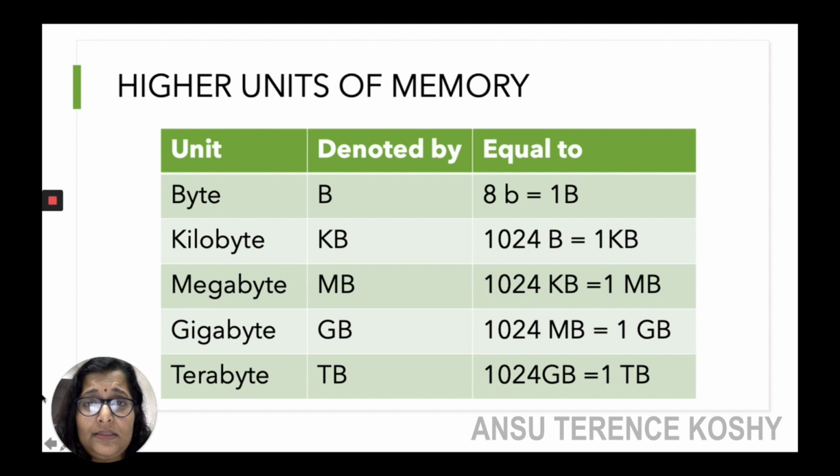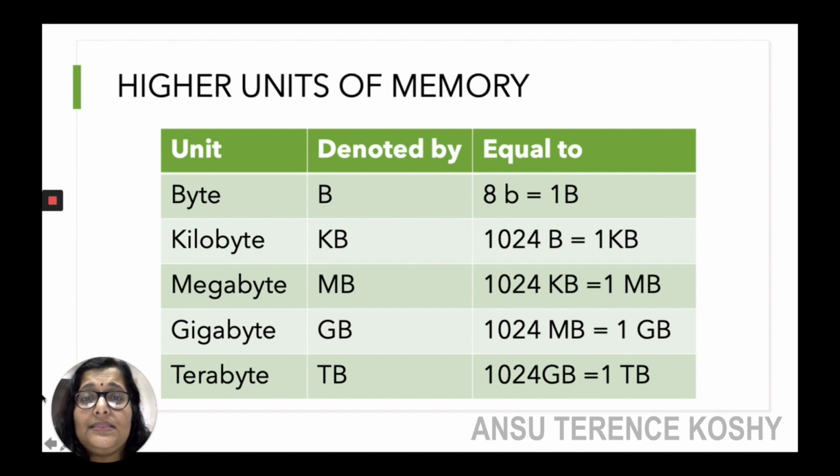The next one is kilobyte, which is denoted by KB. 1024 bytes is equal to 1 kilobyte. The next one is megabyte, or MB. 1024 kilobytes is equal to 1 megabyte.